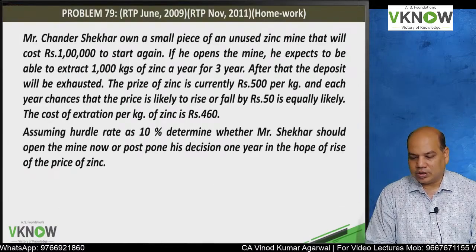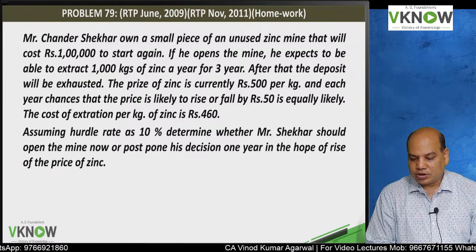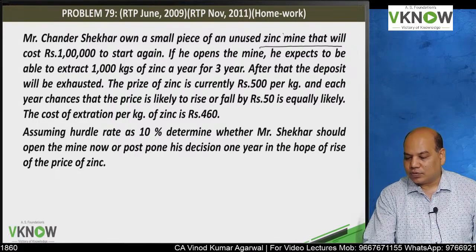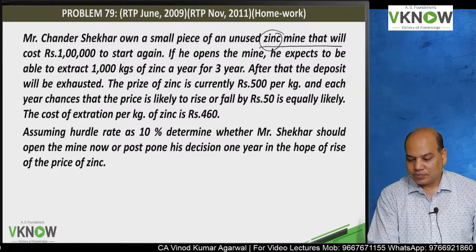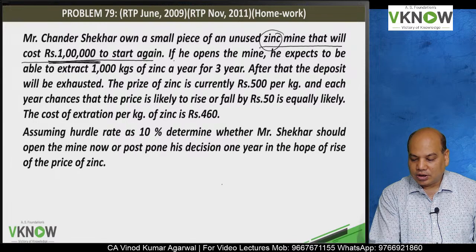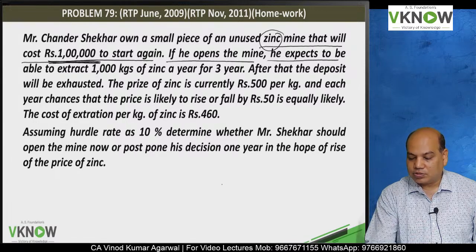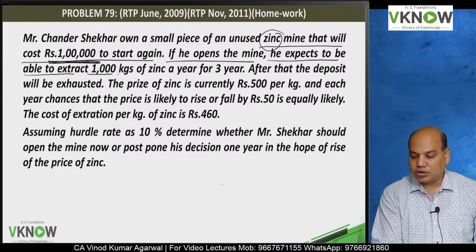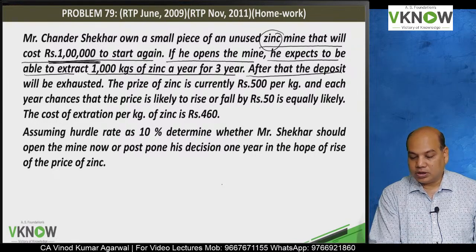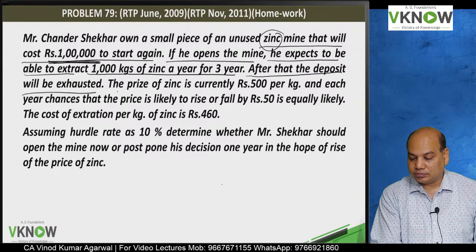Question number 79. Mr. Chandrasekhar owns a small piece of unused zinc mine. Instead of gold, this time it is zinc. That will cost rupees 1 lakh to start again. Instead of 10 lakh, they have given 1 lakh. If he opens the mine, he expects to be able to extract 1000 kgs of zinc a year for 3 years. After that, deposit will be exhausted.